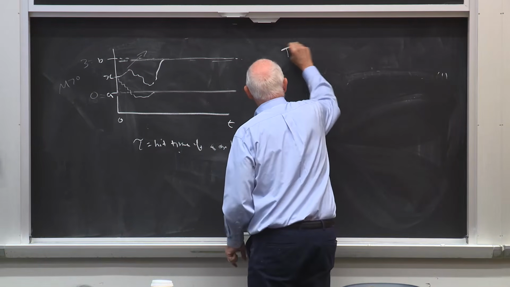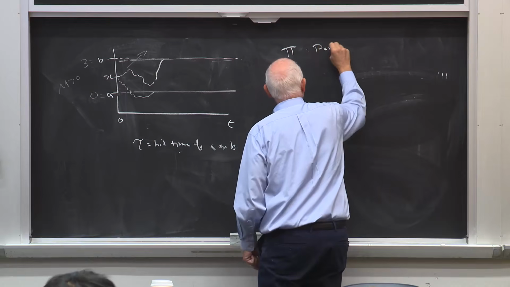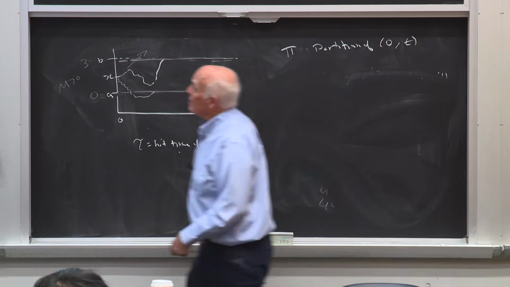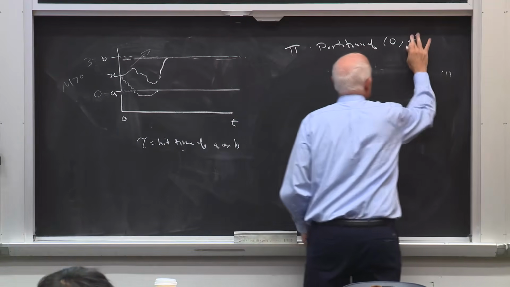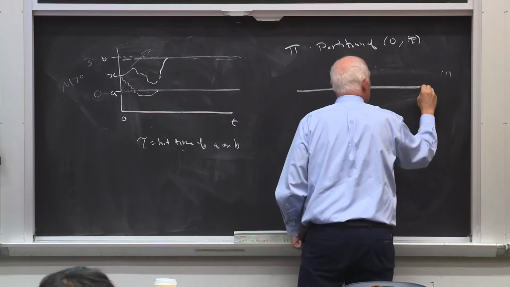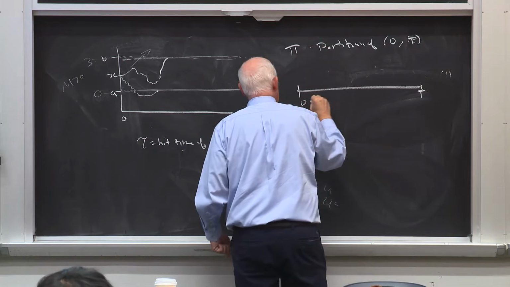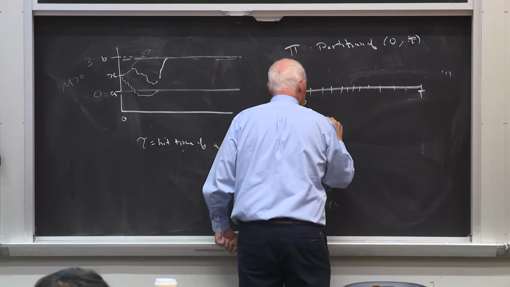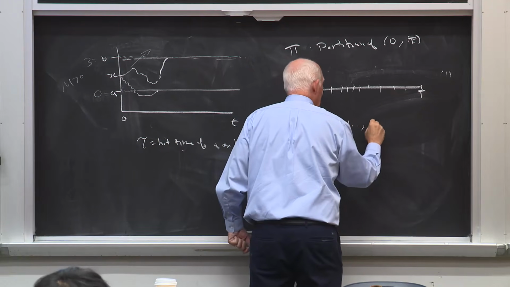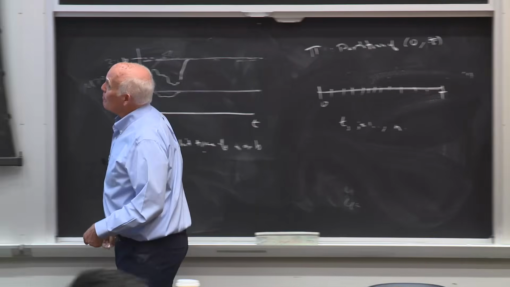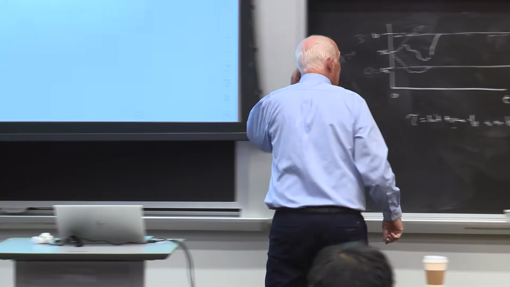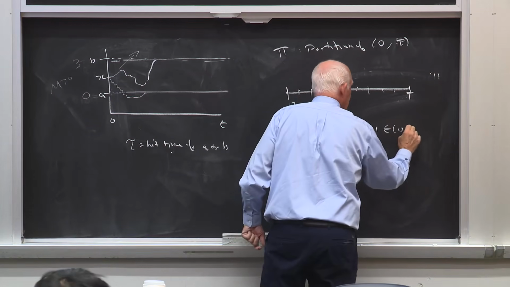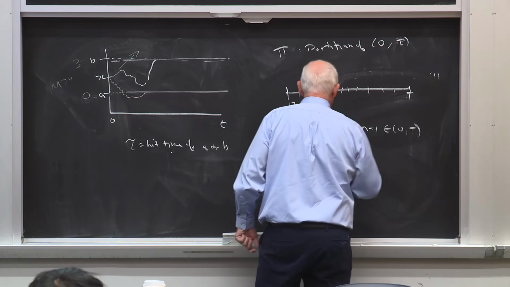So we have pi, a partition of the interval from 0 to capital T. We have a time scale finishing at T, starting at 0, and we can draw arbitrary points tj, j equaling 1 up to n minus 1, that are inside this interval, and they're ordered.